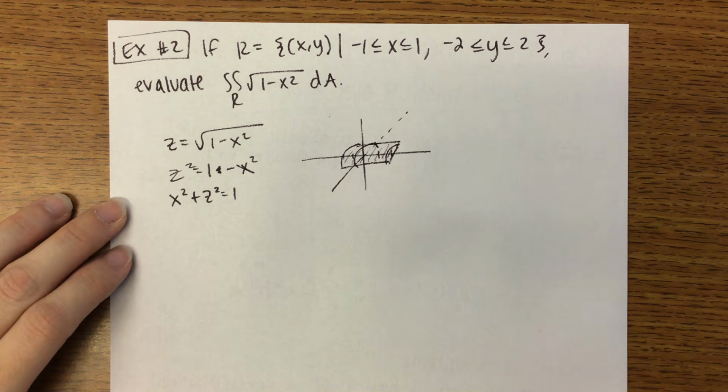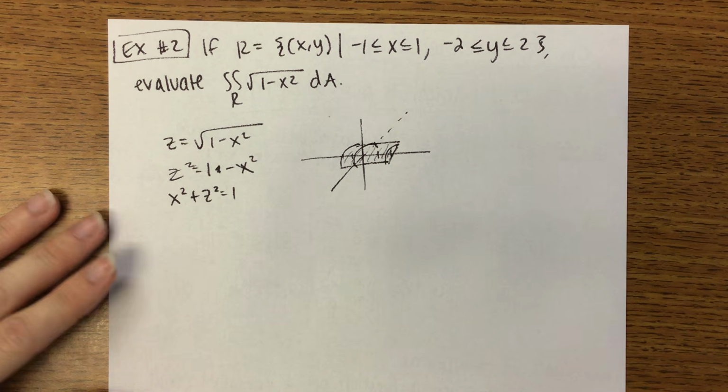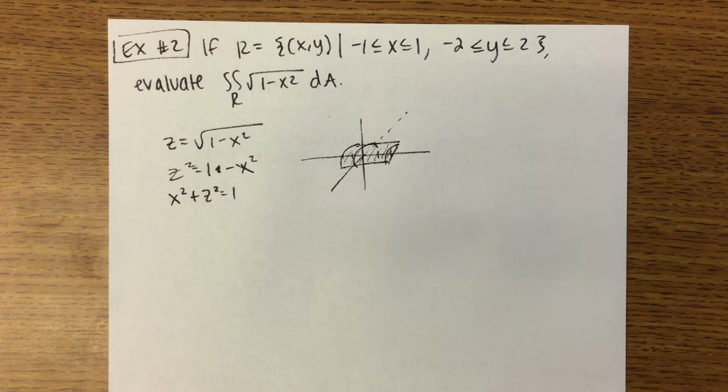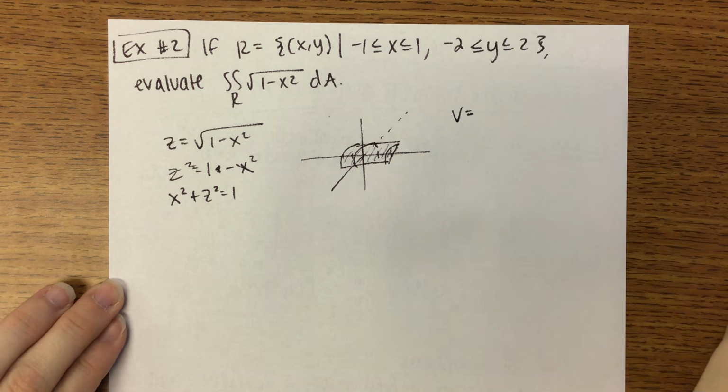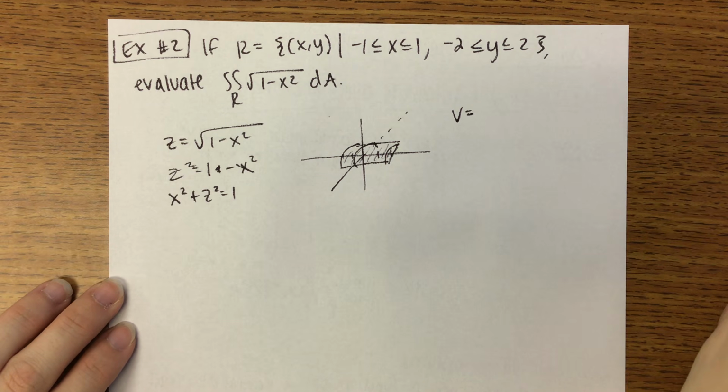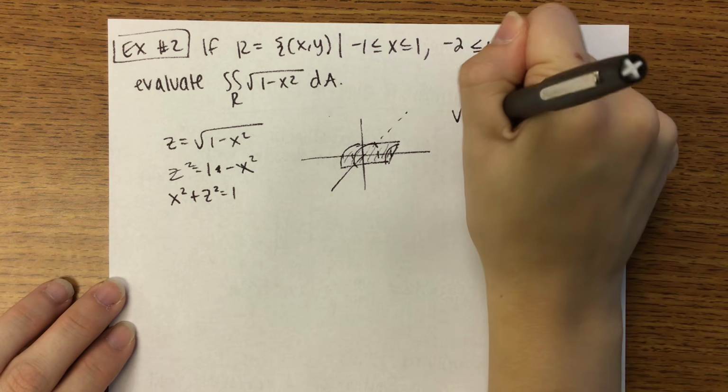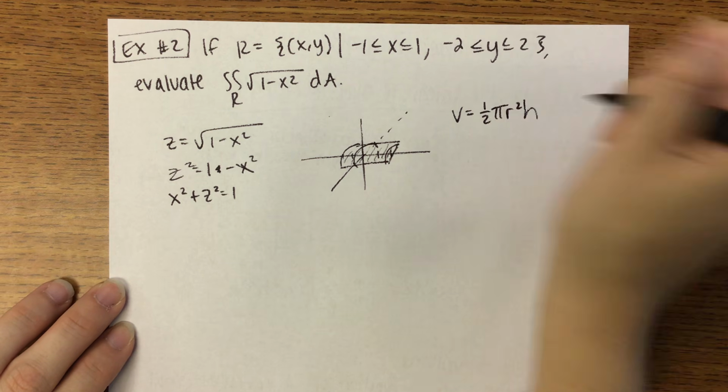Okay, in this case, we don't need the rectangles. We don't need to split up R. We know how to find the volume of a cylinder already. Well, we should at least. Volume of a cylinder? Pi r squared h, except that we only have half of it, so we're going to do 1/2 pi r squared h.